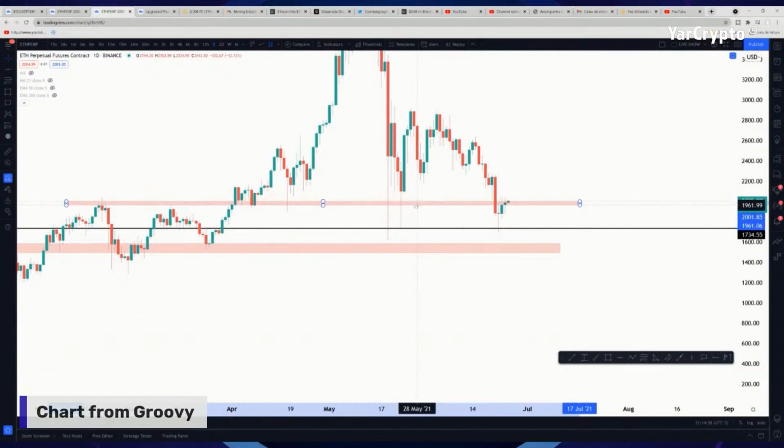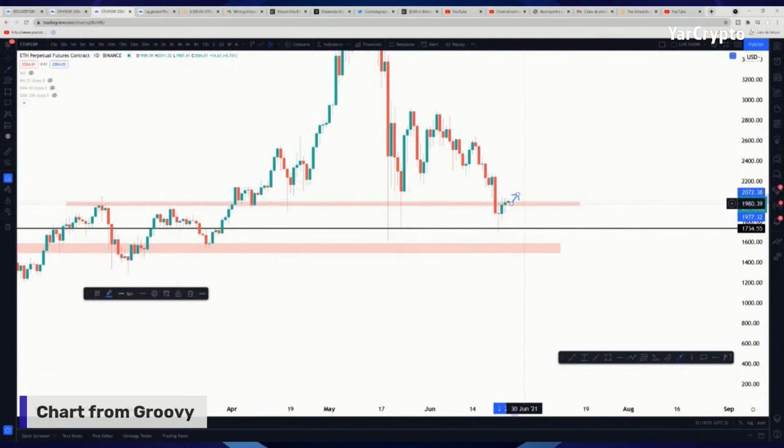We are right at the level here. I would like for us to get some volume and move up here, probably retest it as well and move up to the bigger levels, 2400, 2500.